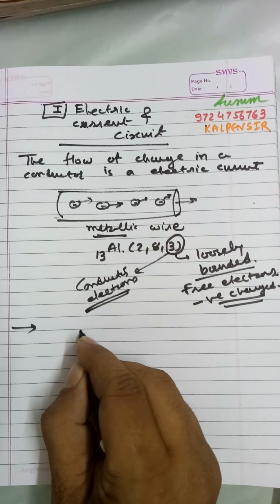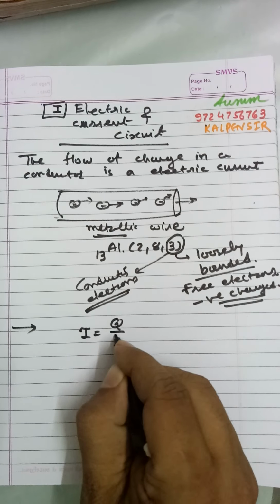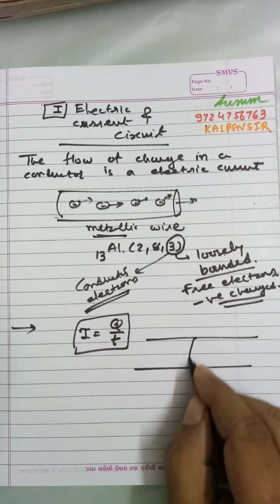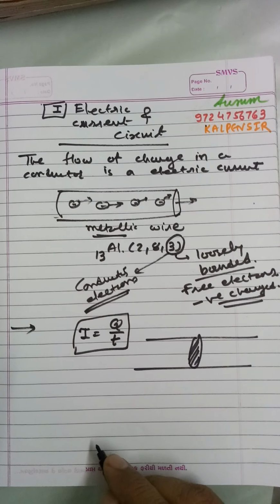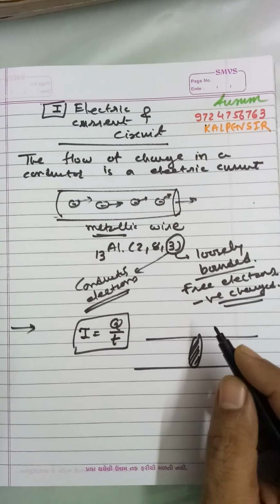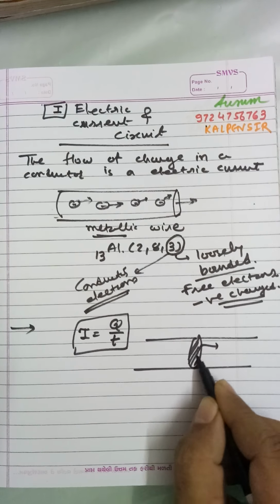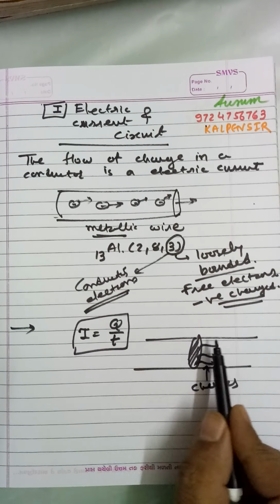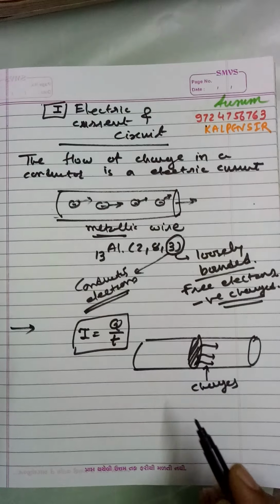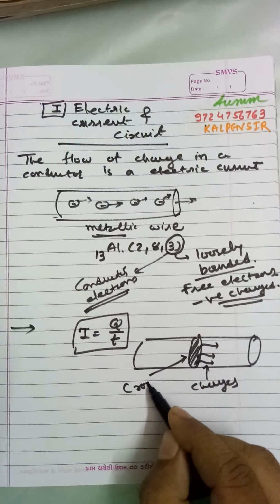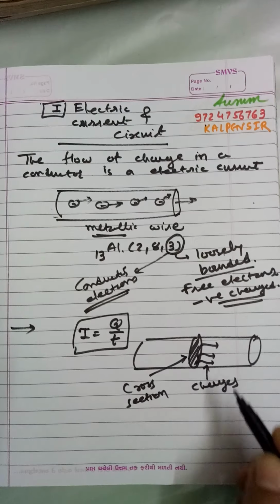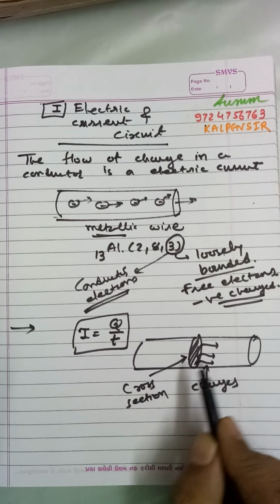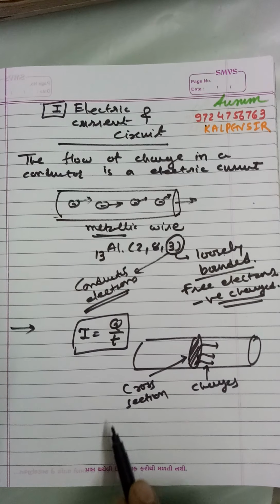We have a formula for that: I is equal to Q upon T. For example, this is a conducting wire and this is its cross section. The amount of charge flowing through the cross section of the conducting wire in a unit time period is called electric current.